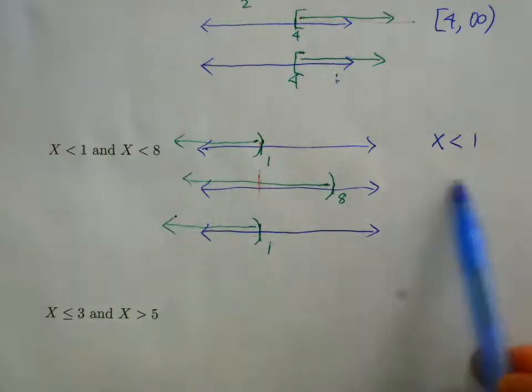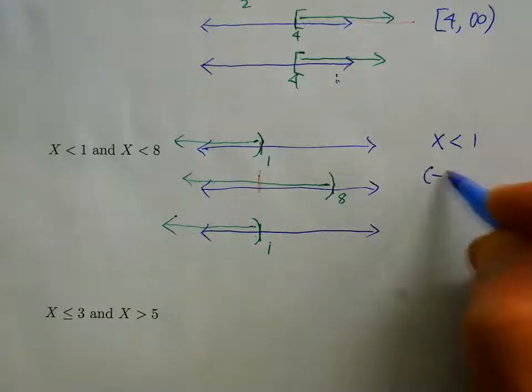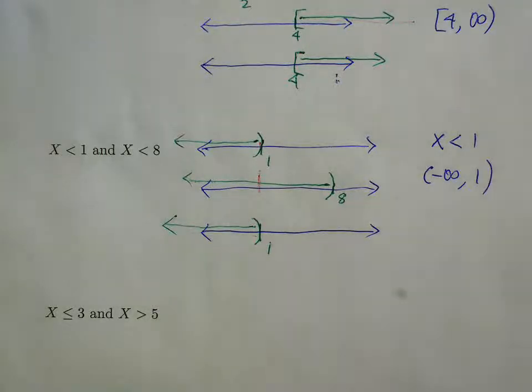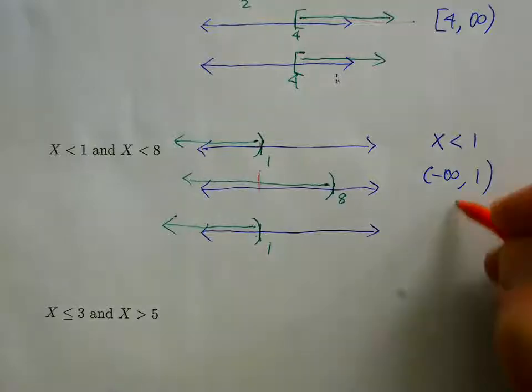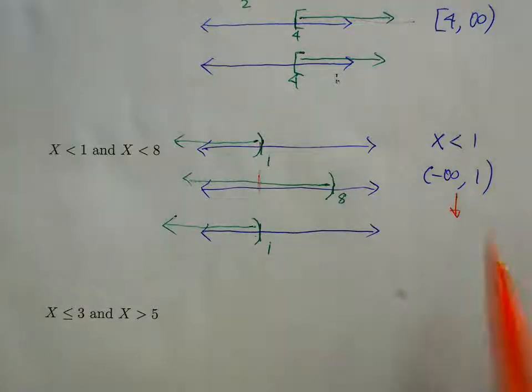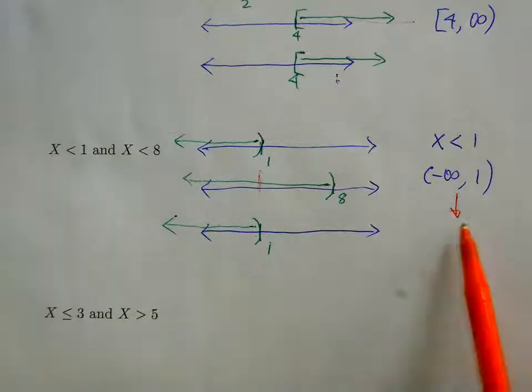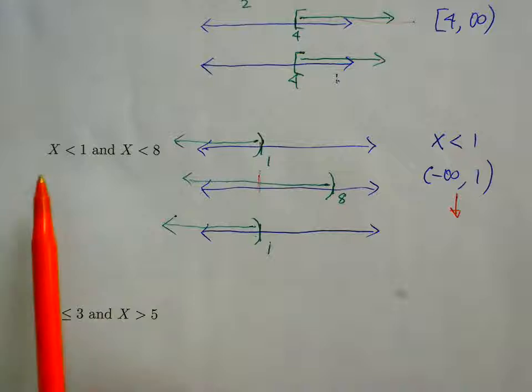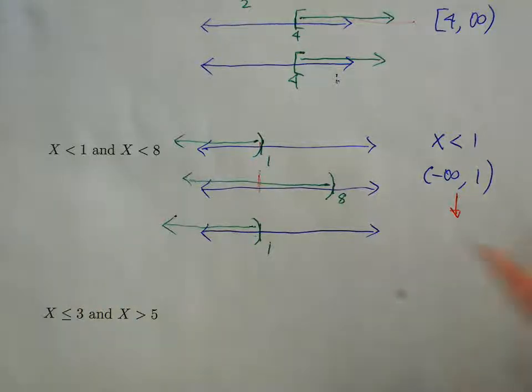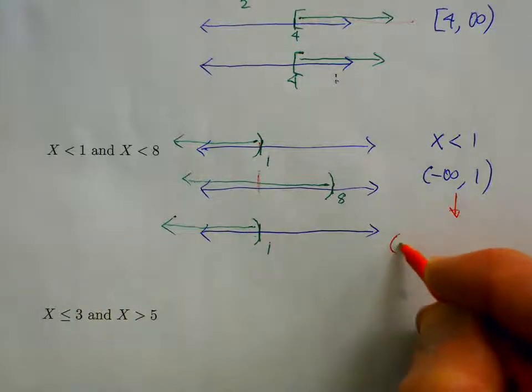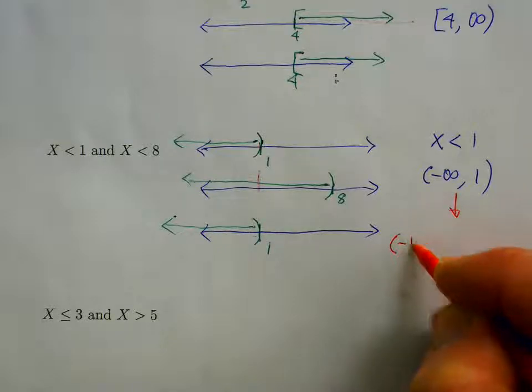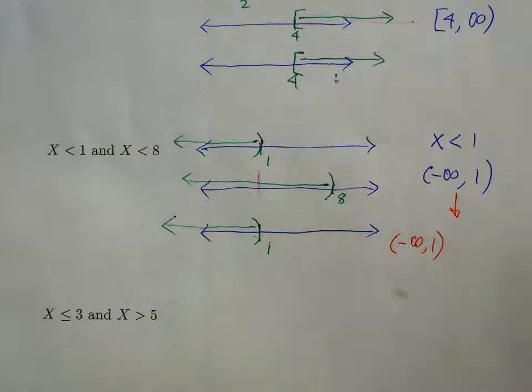The interval notation is negative infinity, comma 1. Also correct, but not considered simplified enough, if you use the intersection. X less than 1 by itself in interval notation is negative infinity, comma 1, parenthesis.